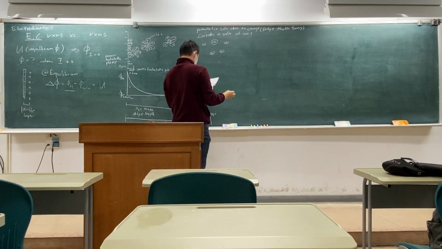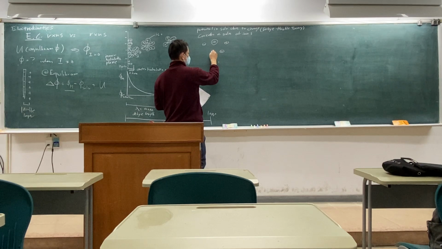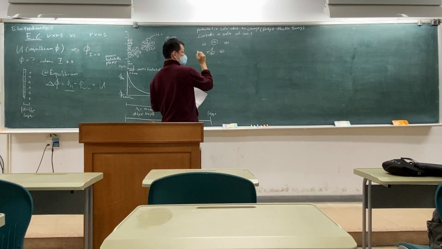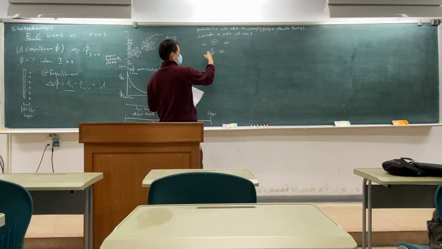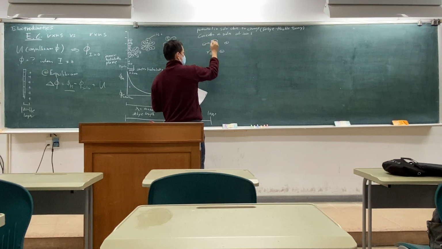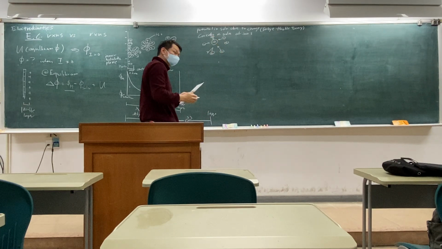So what happens is that, because of electrostatic repulsion, the positive charge seeing a positive charge is going to bounce off, okay, because that electrostatic repulsion is very, very strong. But the anions are going to be drawn to it. Okay?